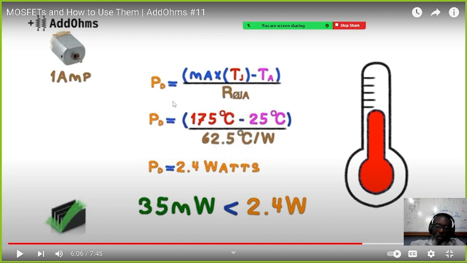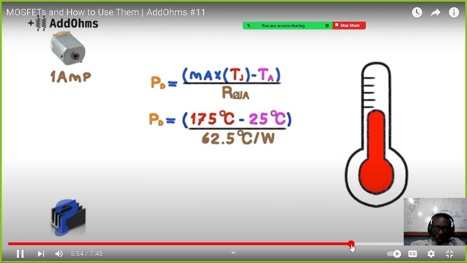When they do the calculation, they realize that the 35 milliwatts is less than the 2.4 watts they calculate, which means the system can operate safely without using a heat sink.